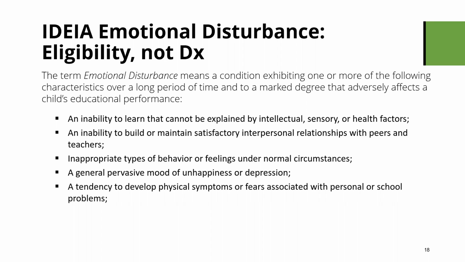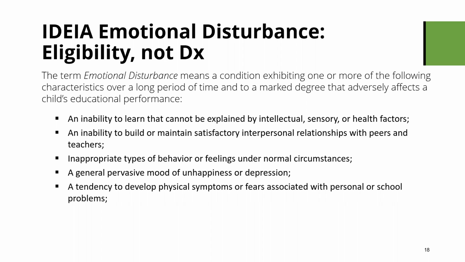The term emotional disturbance means a condition exhibiting one or more of the following characteristics over a long period of time, which traditionally we have considered a long period of time to be 6 months or more, and to a marked degree. At that point, we would assume that they mean statistically significantly different than a normative population, that adversely affects a child's educational performance.